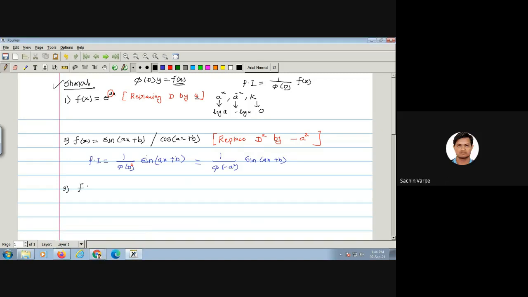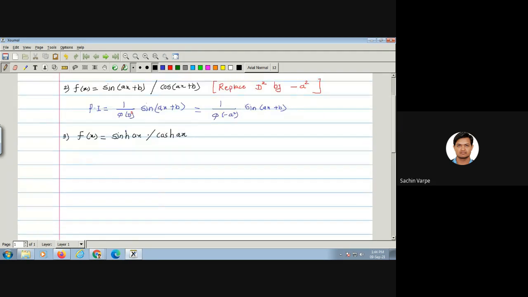So when f of x, the right hand side function, is a hyperbolic function of the form hyperbolic sine ax or hyperbolic cos ax, I hope everyone knows the hyperbolic functions. They are trigonometric-like functions defined on a hyperbola.